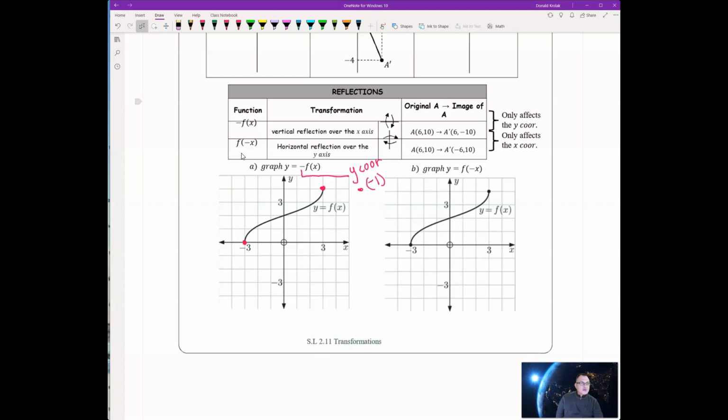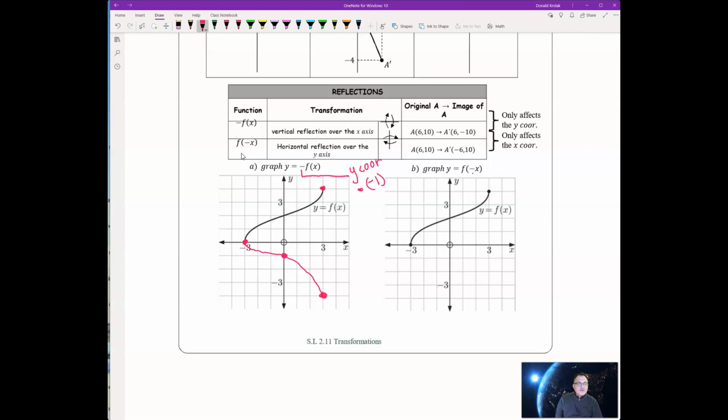All that's going to do is take it and flip it over the x-axis. And each y-coordinate would get flipped like that. If it's on the x-axis, then when you flip it, it remains there. And our graph would end up looking something like this, symmetric with respect to the x-axis.